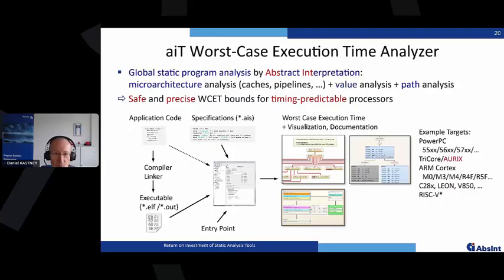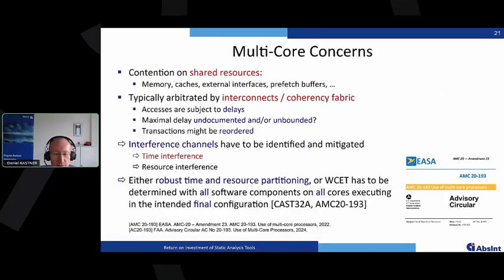So I've mentioned that this works for timing predictable processors, which also include some multi-core processors like the Infineon Aurix, for example. But if you go for high performance multi-cores, then the system is not entirely timing predictable anymore, essentially because you have contention on shared resources like memories, caches, and also small elements like prefetch buffers and so on.